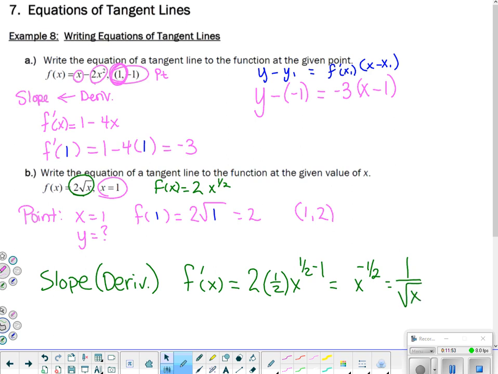There's our general derivative. Now, let's evaluate that general derivative at x equals 1. So I put 1 over square root 1, and 1 over 1 is 1. We have a slope of 1.